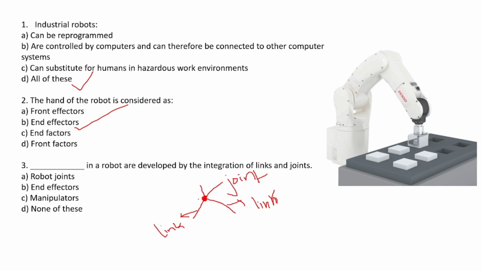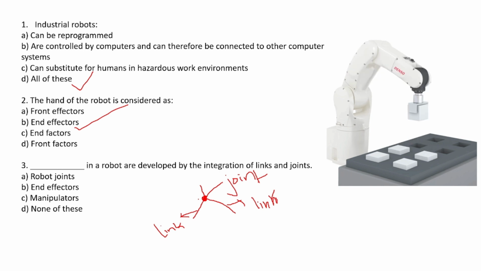A robot manipulator even consists of two sections, that is body and arm. One is for positioning objects in the robot's work volume, and another is the wrist assembly for orientation of the objects.